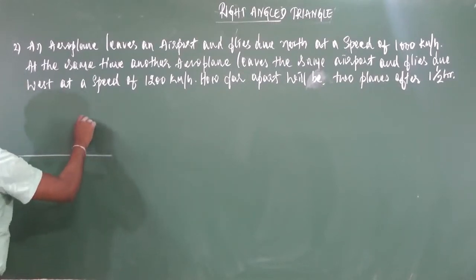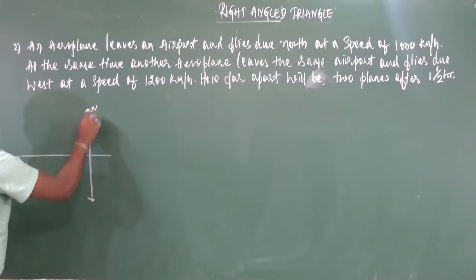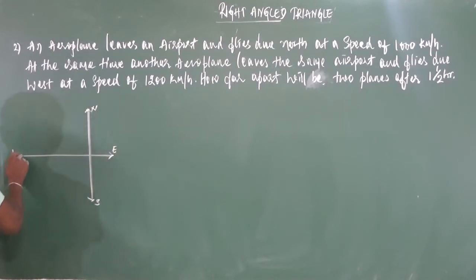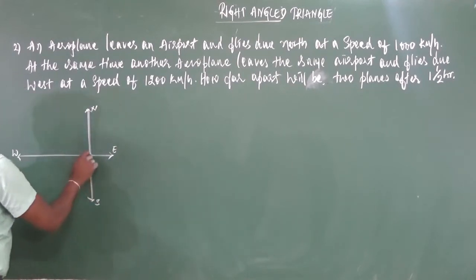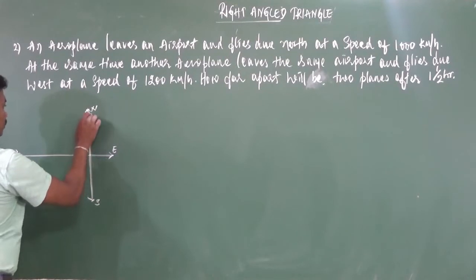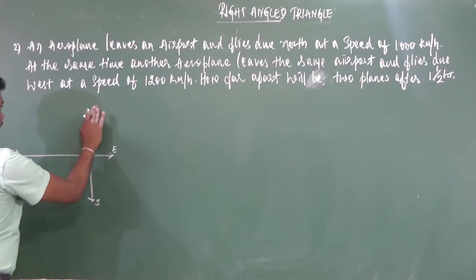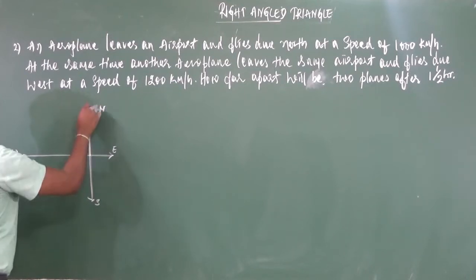Okay, let us take the direction mark. So this is north, this is south, this will be east, and this will be west. This is the airport or aerodrome. An aeroplane flies due north at a speed of 1000 kilometers per hour. Let us imagine the aeroplane is at this point after 1.5 hours.